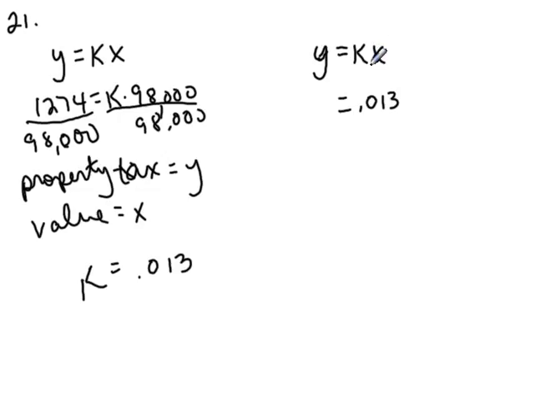So I go back and read my problem again, and it says how much tax is charged on a house worth $120,000. So again, y was the property tax charge, so that's what we want to solve for. And they're telling us the value of the house, which was x, and they're telling us that's $120,000.